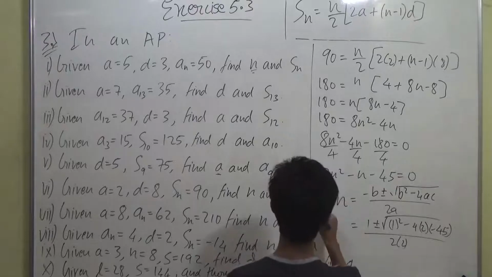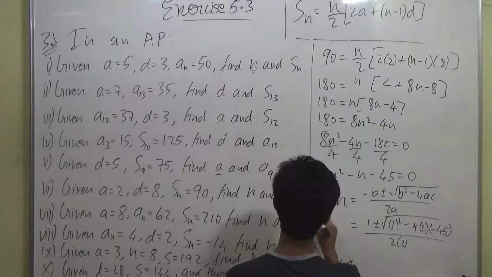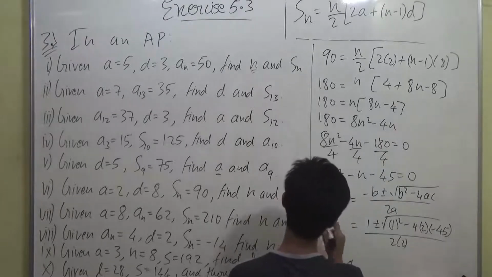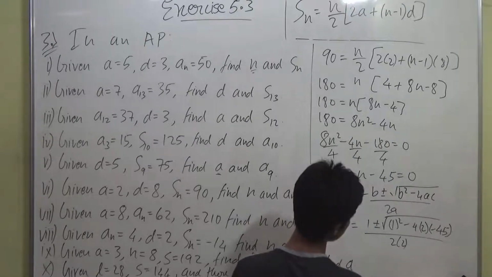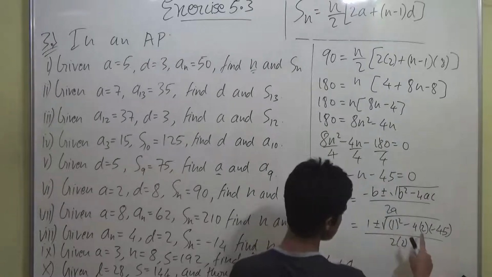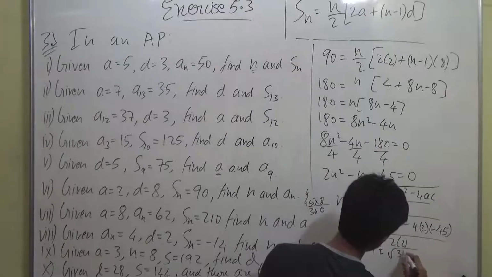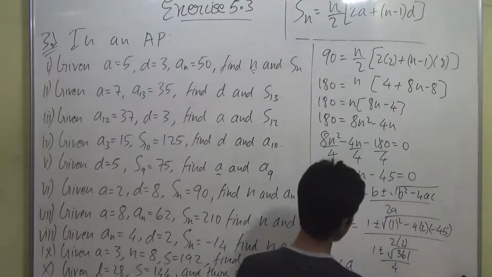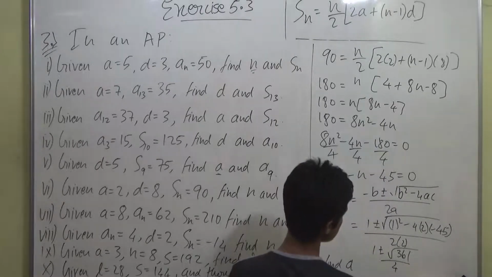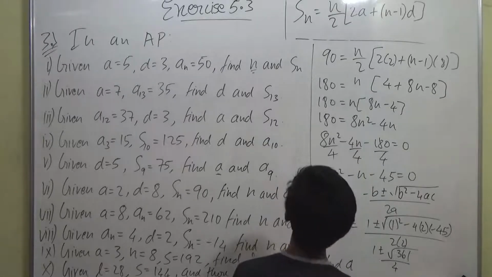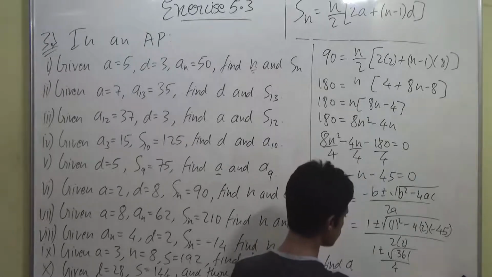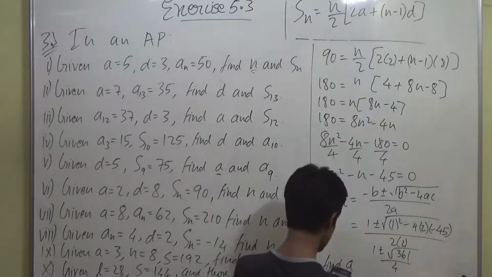Okay, so 45 into 8 is 8, 32, 36, 360. It will become 361. So this whole term will become 361. So it will become 1 plus or minus root over 361 by 4. Getting it guys? So what is root of 361? Let me just calculate it once.